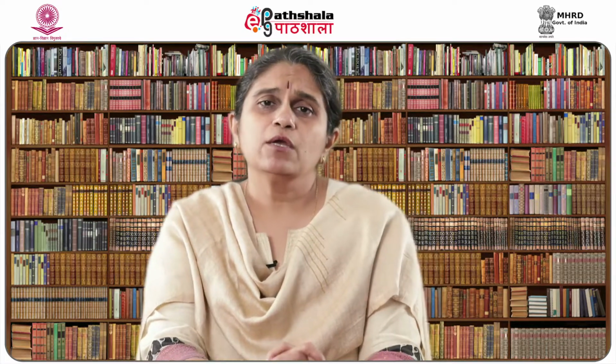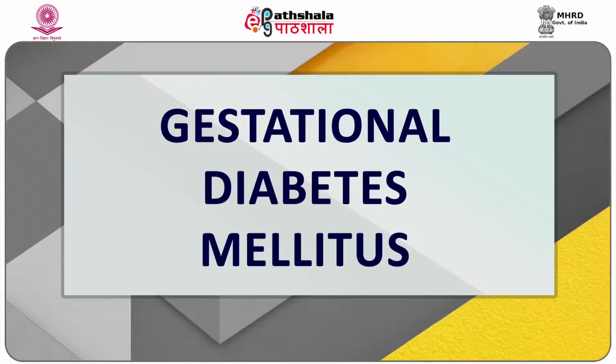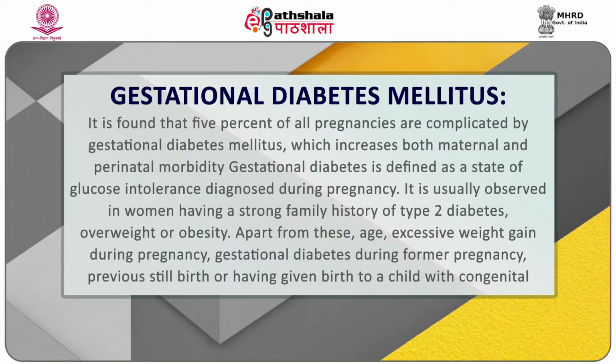Now, coming to the other complication related to pregnancy, gestational diabetes mellitus, or GDM. It is found that 5% of all pregnancies are complicated by gestational diabetes mellitus, and it increases both maternal and perinatal morbidity.